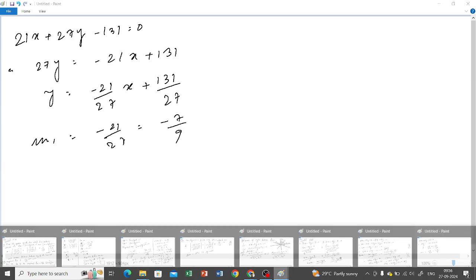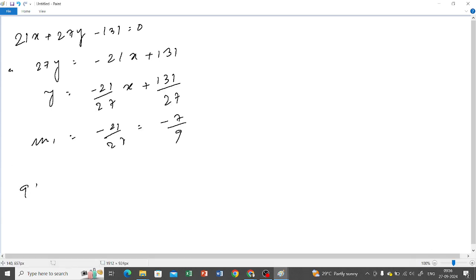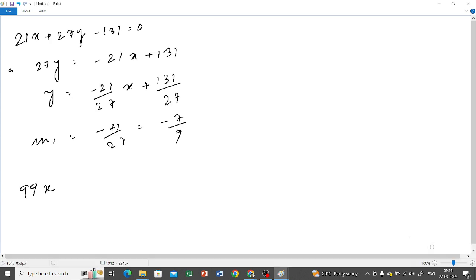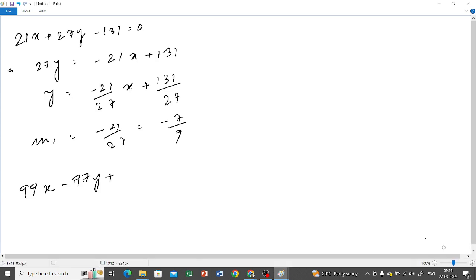Okay. Now we will take the second equation, which is 99x minus 77y plus 51 equals to 0, and that is 99x plus 51 equals 77y.